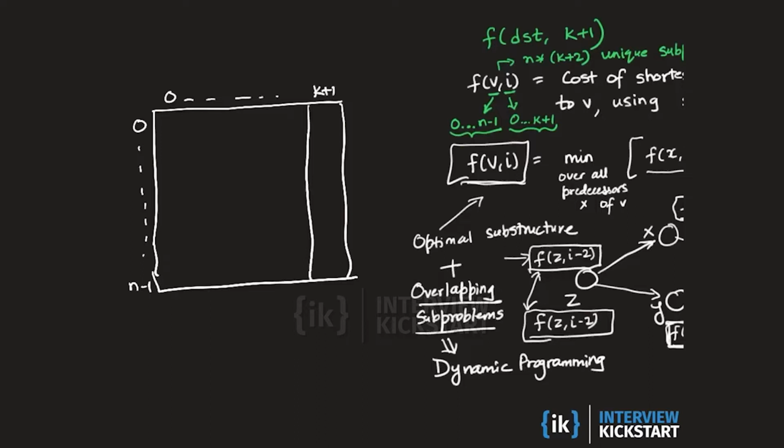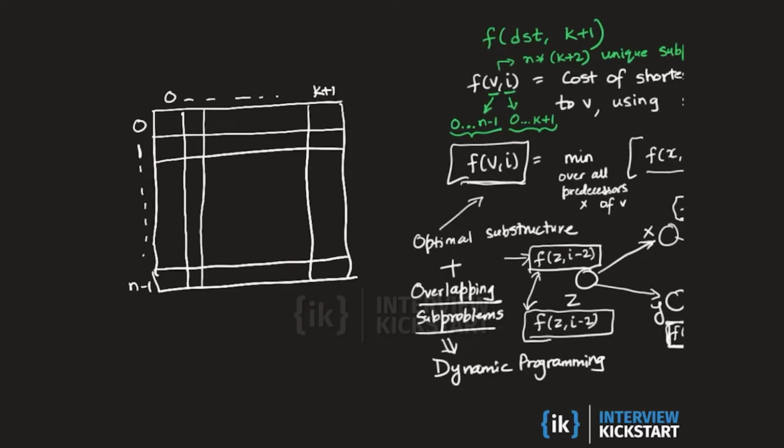So if we imagine this table with n multiplied by k plus 2 cells, then each cell in this table represents a unique subproblem which we have to solve, and finally we want the value of f of destination comma k plus 1. So how will that overall problem get mapped to this table? Well, let's say the ID of the destination is somewhere here. We basically want the value that is stored in this particular cell.